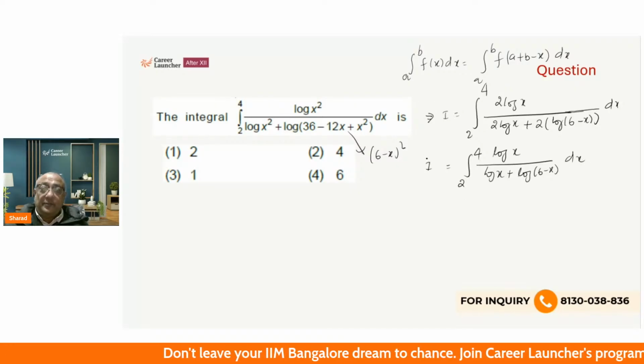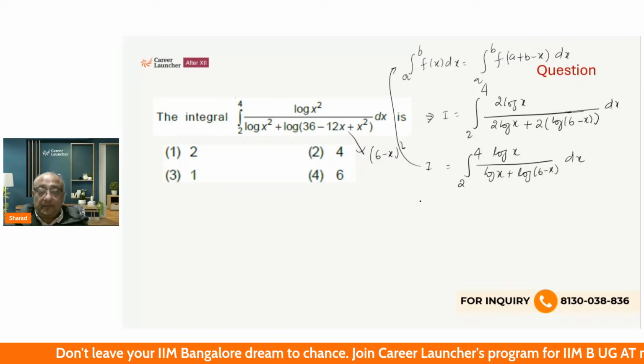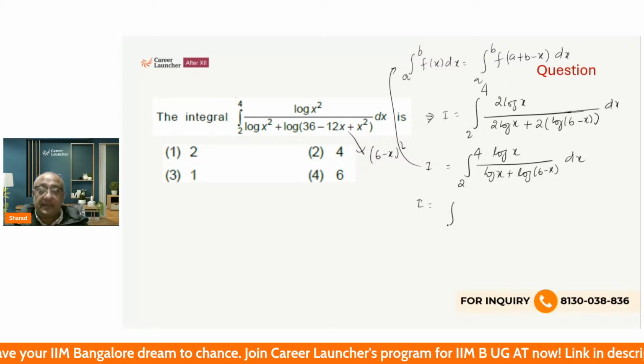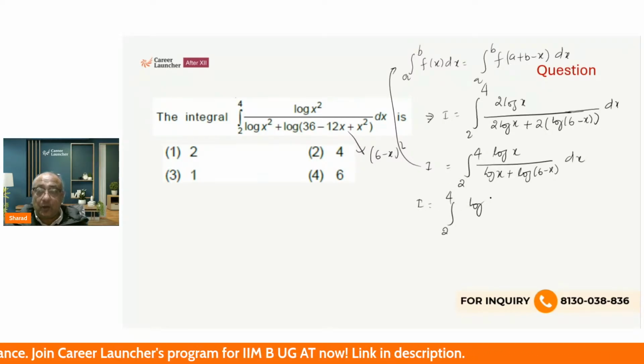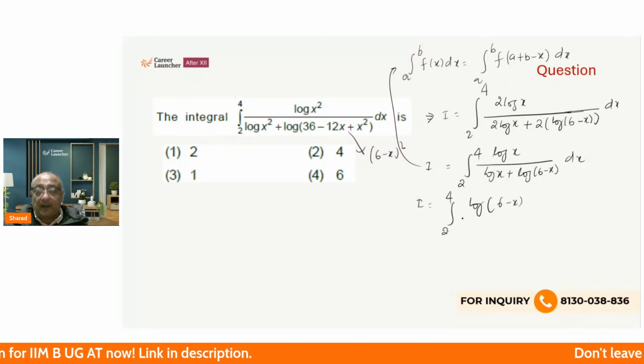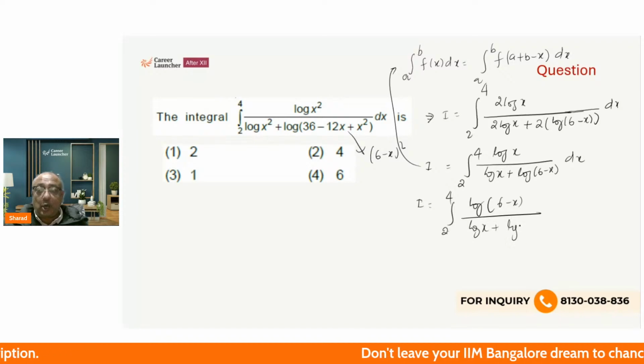Now I'll use this property. So I'll write I is equal to, look carefully, integral from 2 to 4, most of you who are reviewing this lecture will be knowing this, 2 plus 4 is 6, so log of 6 minus x upon log x plus log of 6 minus x.